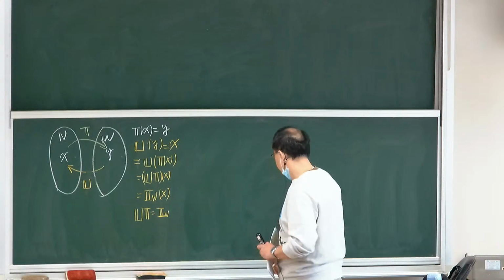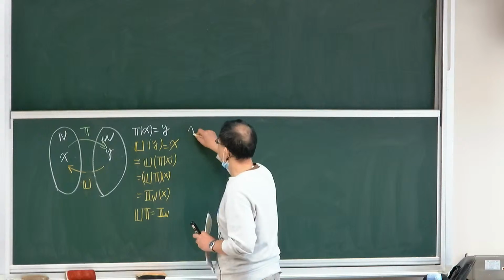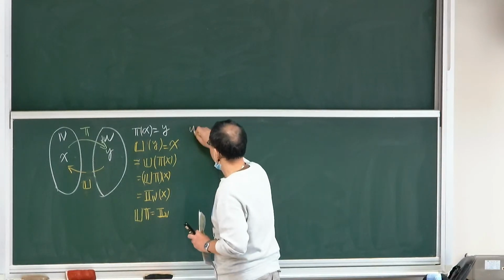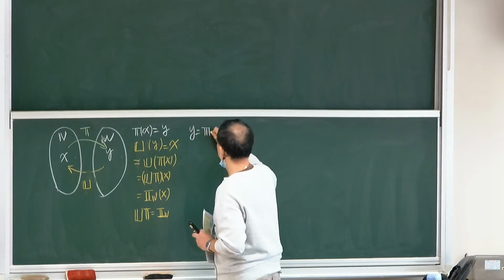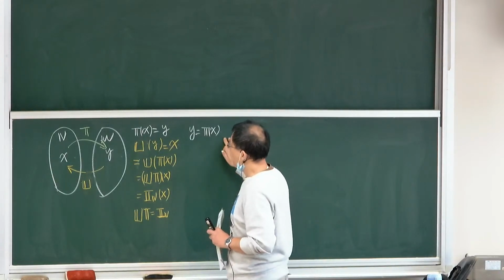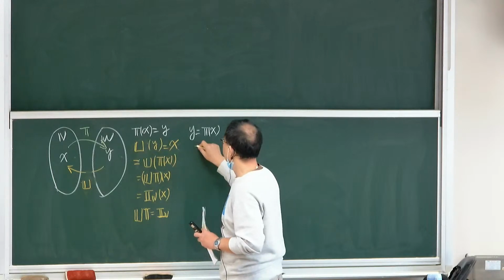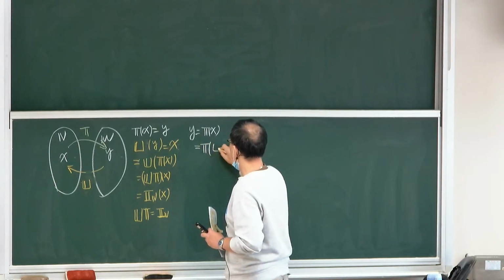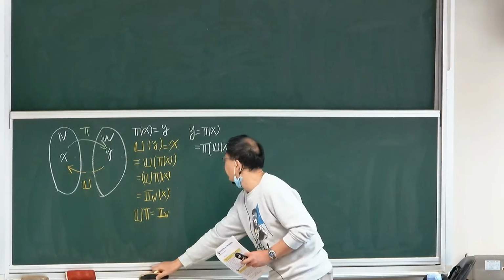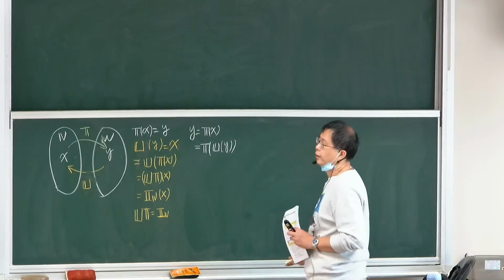In addition, we also know that Y equals T(X), but X equals U(Y). So we have T operating on the vector U(Y).